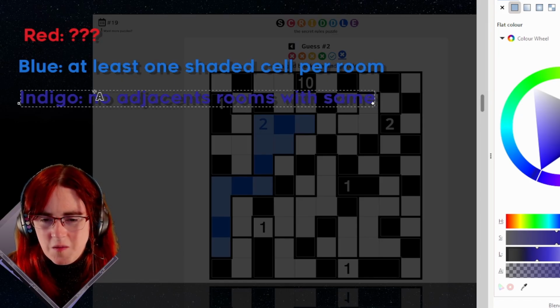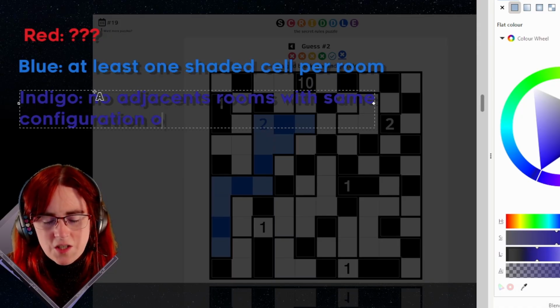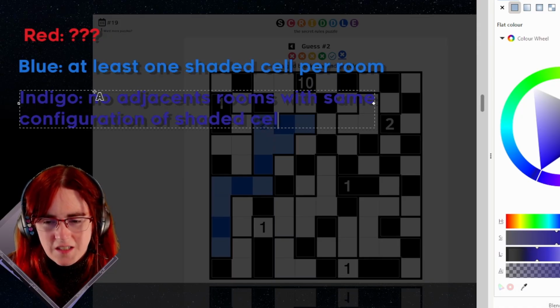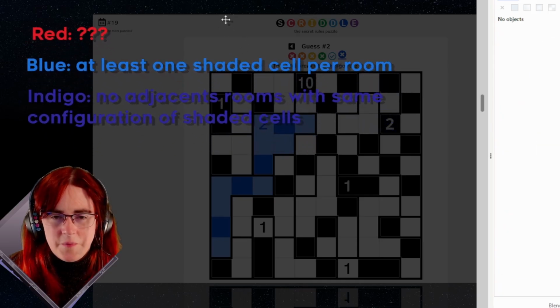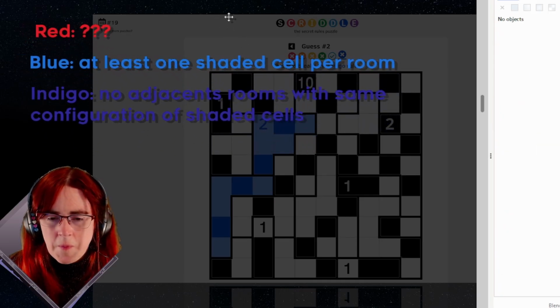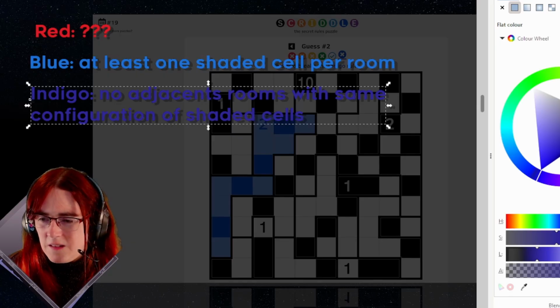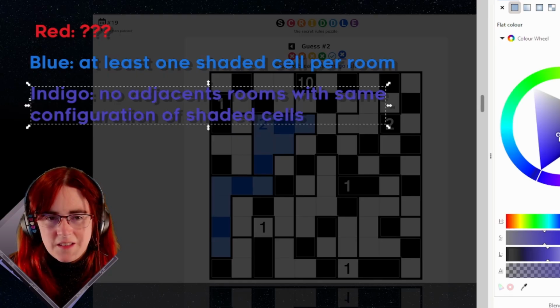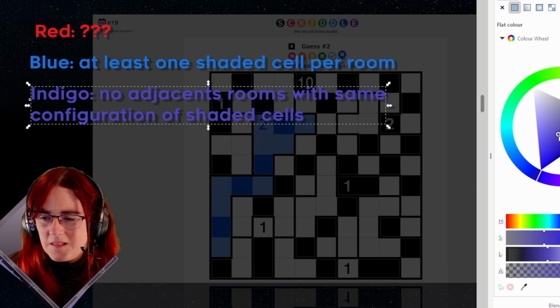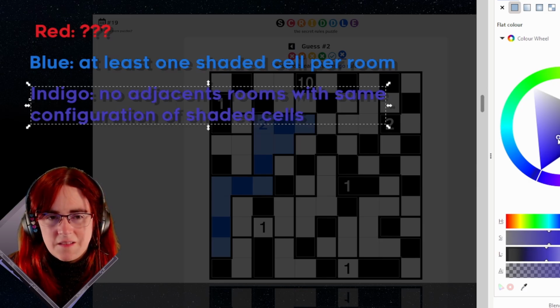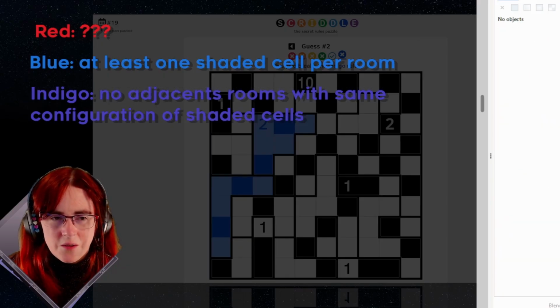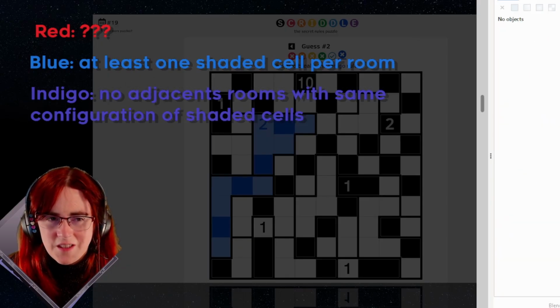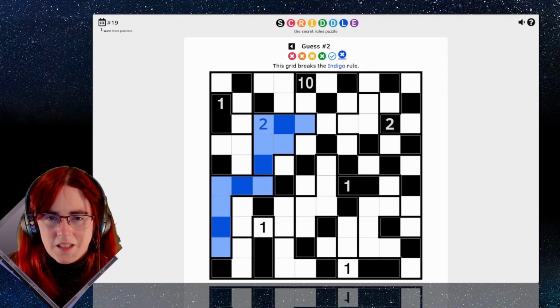I think that's the best way I can phrase that. I still don't like that color. Good enough. It doesn't need to be indigo, as long as you can read the name. What else?